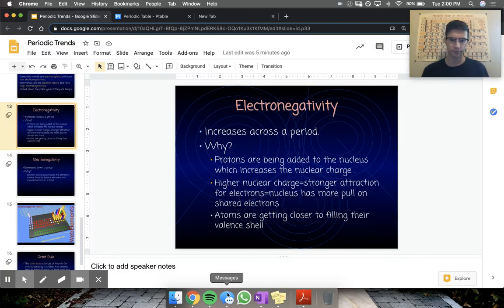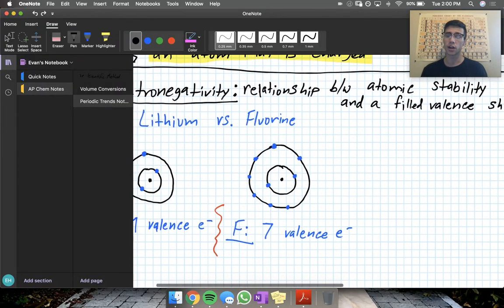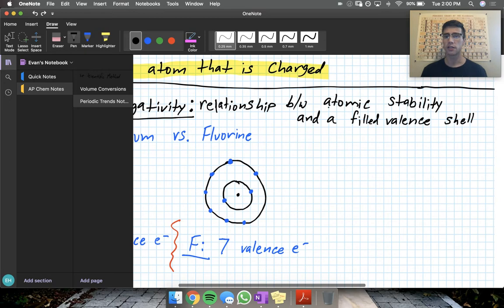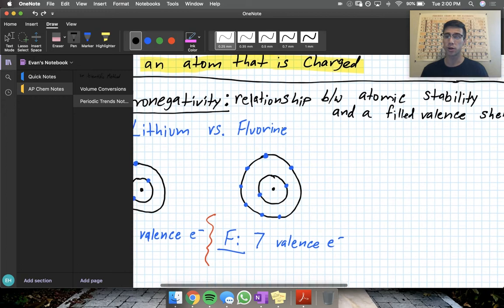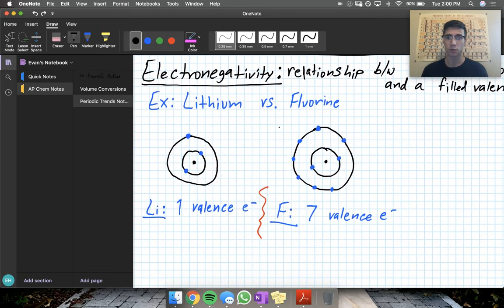Okay. So the easiest way to think about it is that electronegativity is based on the concept that in chemistry, there is a relationship between atomic stability, how stable an atom is, and how close it is to filling its valence shell. So if an atom is pretty close to filling its valence shell, it's really going to try and do so, even if that means it has to steal something from someone else.